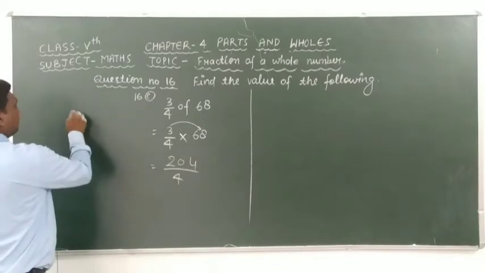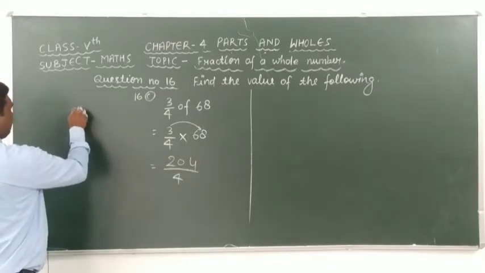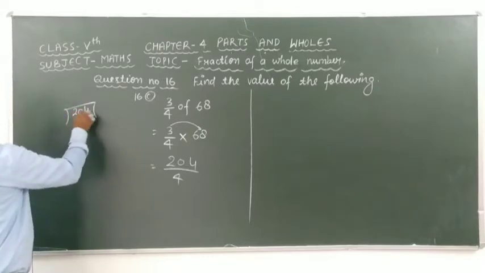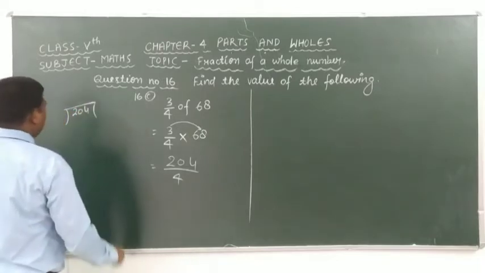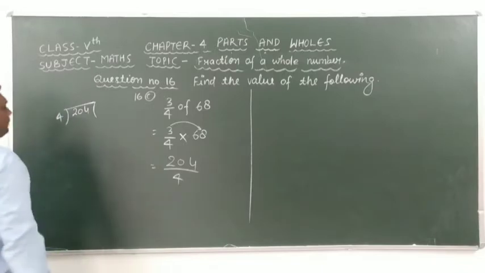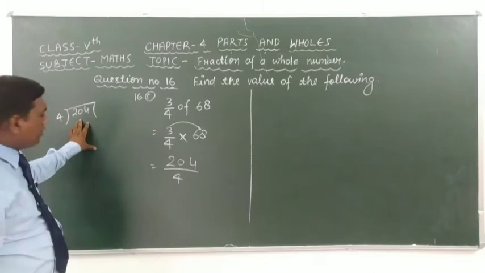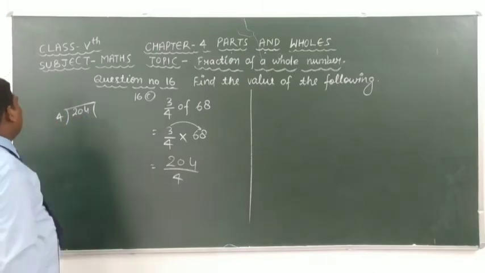Now let's arrange the division of 204 by 4. It means that here we have to take the division of 204 by 4.